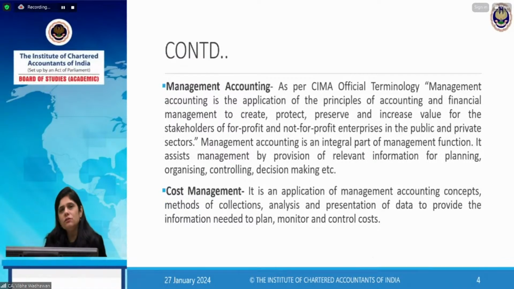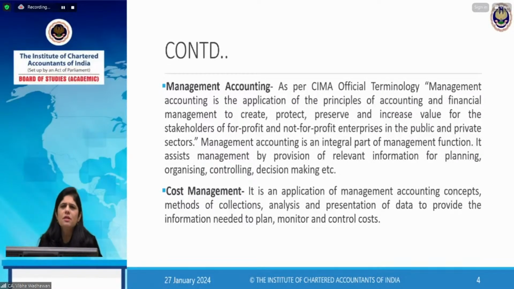In isolation, management accounting is the application of accounting and financial management principles. So we take accounting plus management. Management means financial management, to increase the wealth of the shareholders and the stakeholders in the organization. Management accounting is an integral part of the management function.